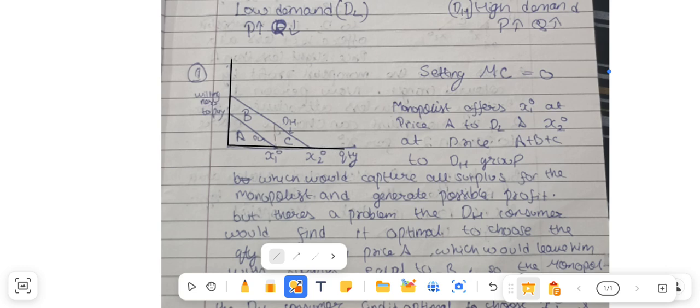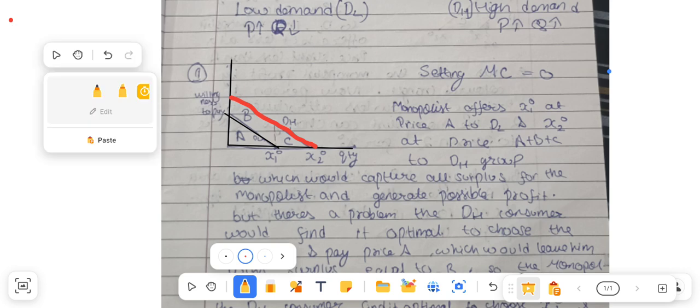This is the demand curve for the low demand group, and this one is for the high demand group. Let me denote the demand curve for the high demand group by red color. So just remember that the red one is for the high demand group and the black one is for the low demand group.